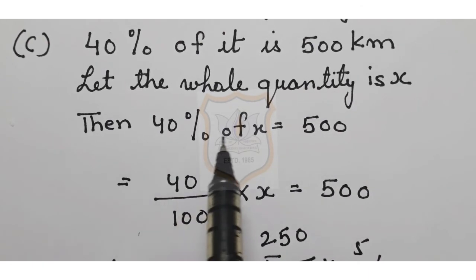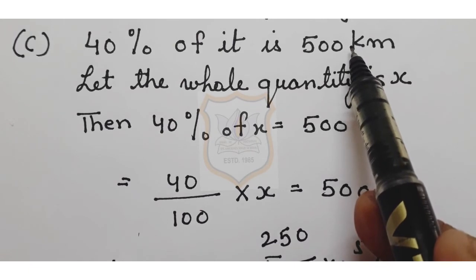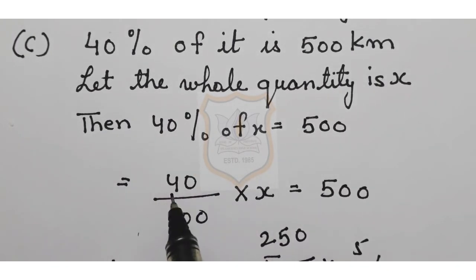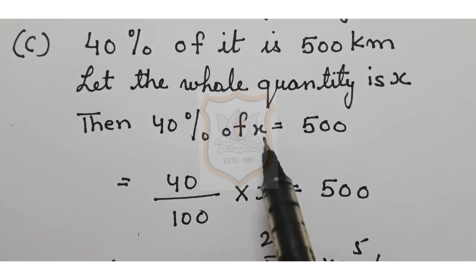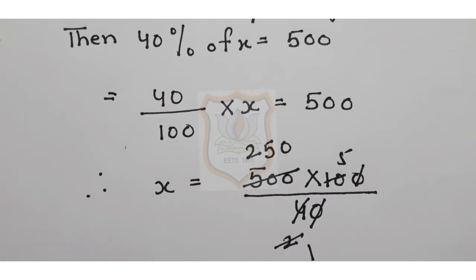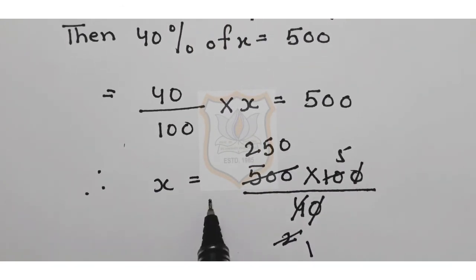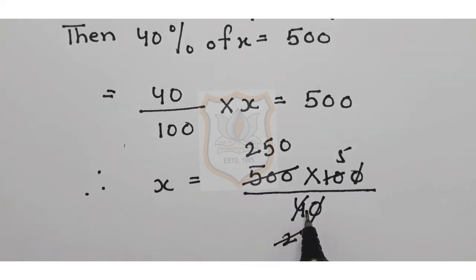Then 40% of x is equal to 500. That is already given in the question. So 40 upon 100, in place of %, multiply, x is equal to 500. Then to find out the value of x, x is equal to 500 into 100 upon 40.